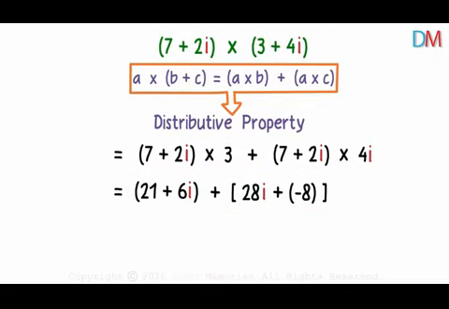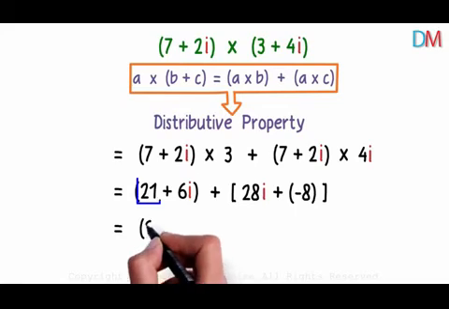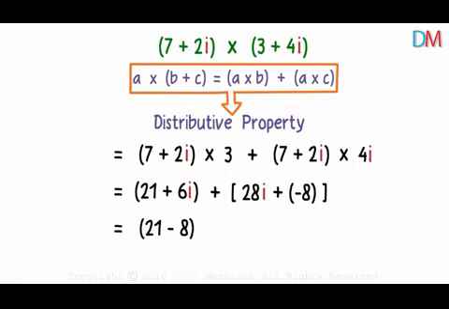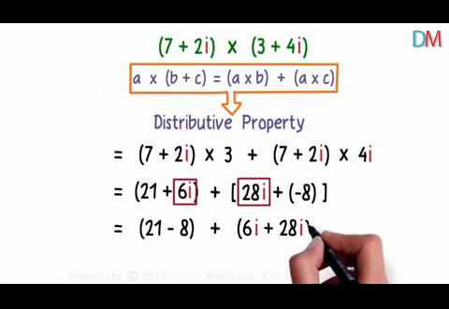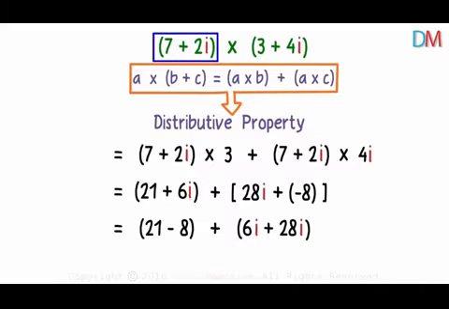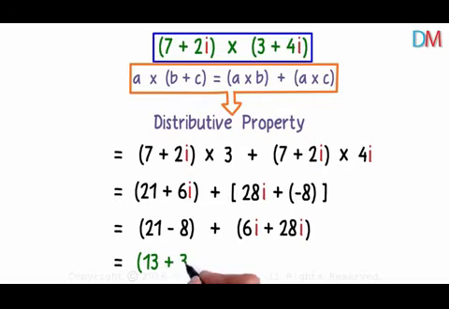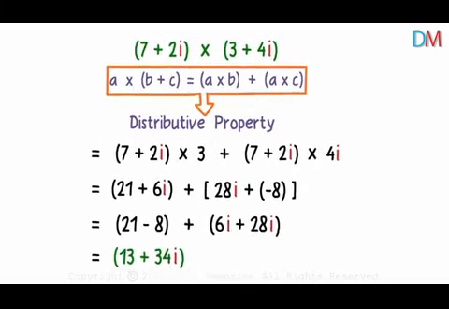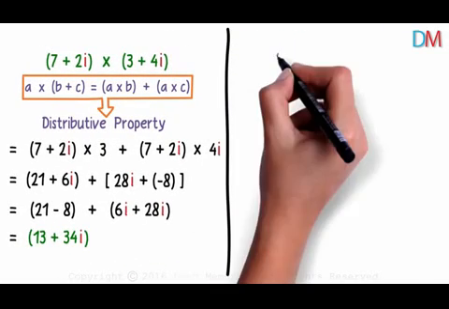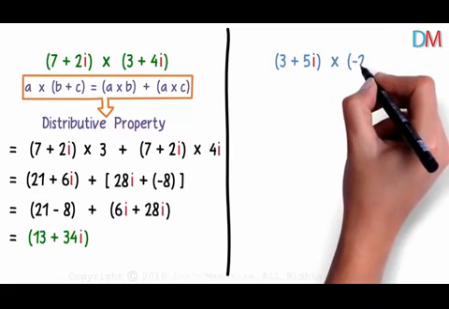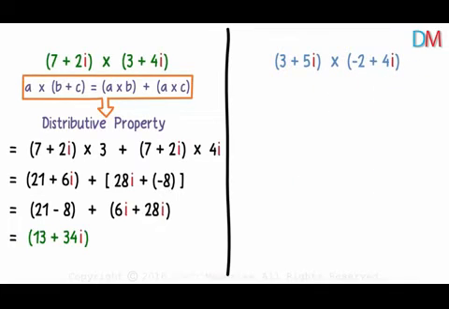To get the final expression, let's add the real parts and the imaginary parts separately. We get the real part as 21 minus 8 and imaginary part as 6i plus 28i. Hence, 7 plus 2i multiplied by 3 plus 4i gives us 13 plus 34i. Let us pick up two more complex numbers, 3 plus 5i and negative 2 plus 4i, and work out their multiplication.